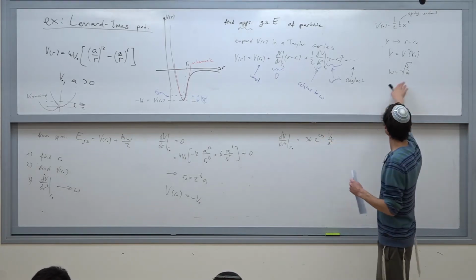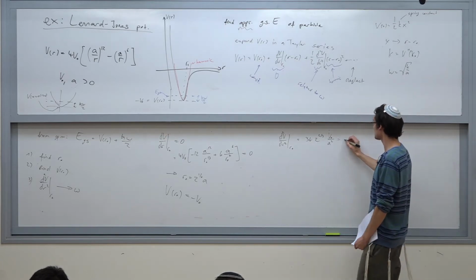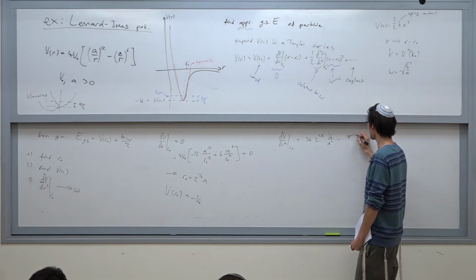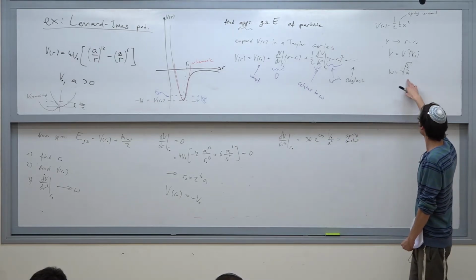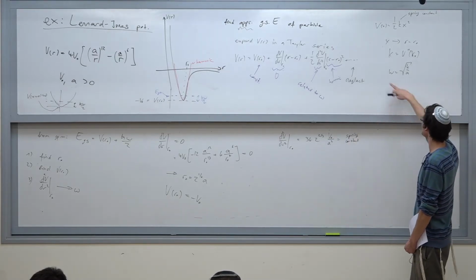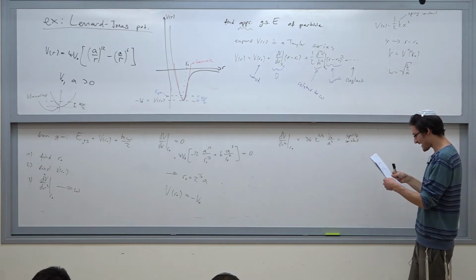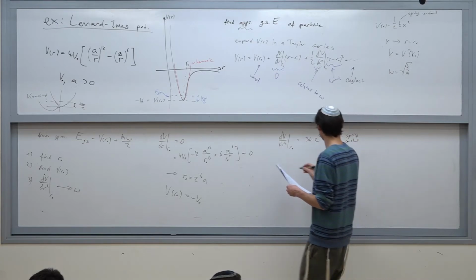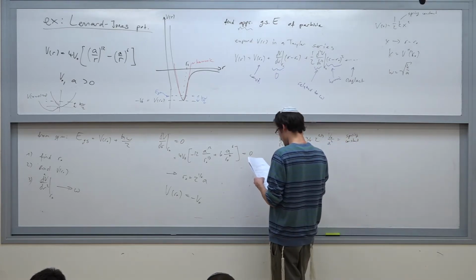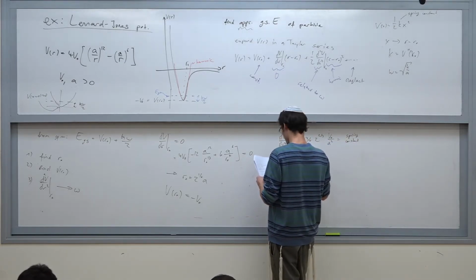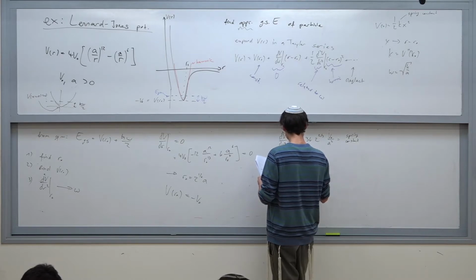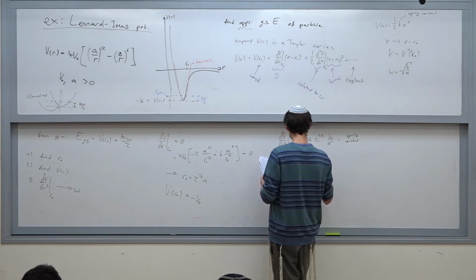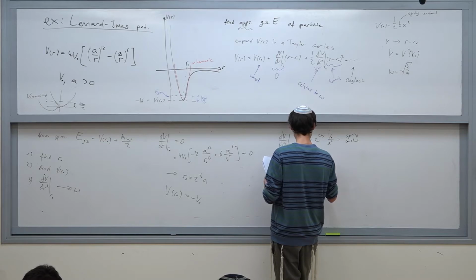Now we can use this relation, right? This is just K, the spring constant. So we take the square of this and then multiply by m, and we find omega. So we get omega equals 6 times 2 to the power 1/3 divided by a, root of V0 over m.